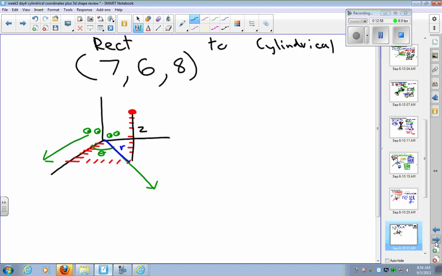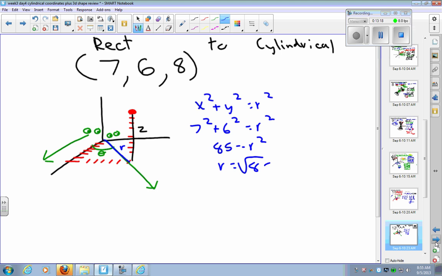So, formula-wise, if I wanted the r, x squared plus y squared equals r squared. So 7 squared plus 6 squared equals r squared. 49 plus 36, 85 equals r squared. R equals square root of 85. Done.